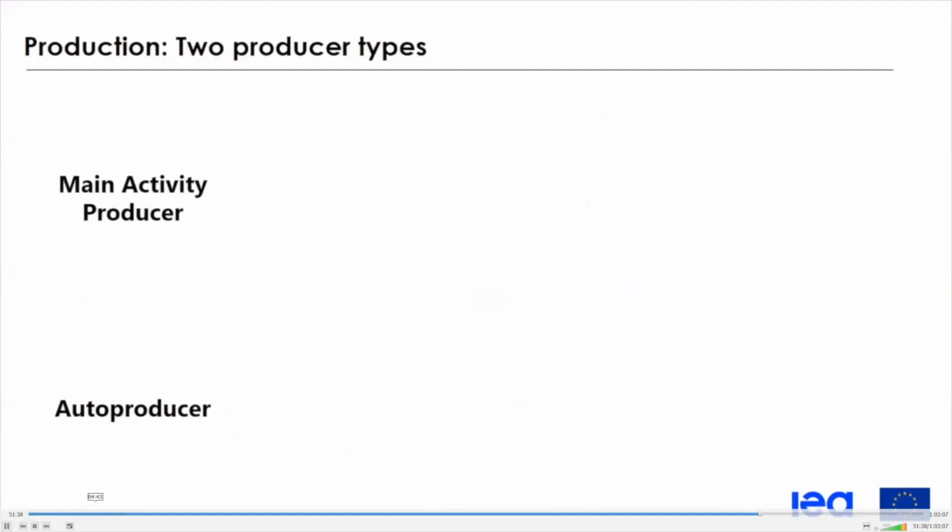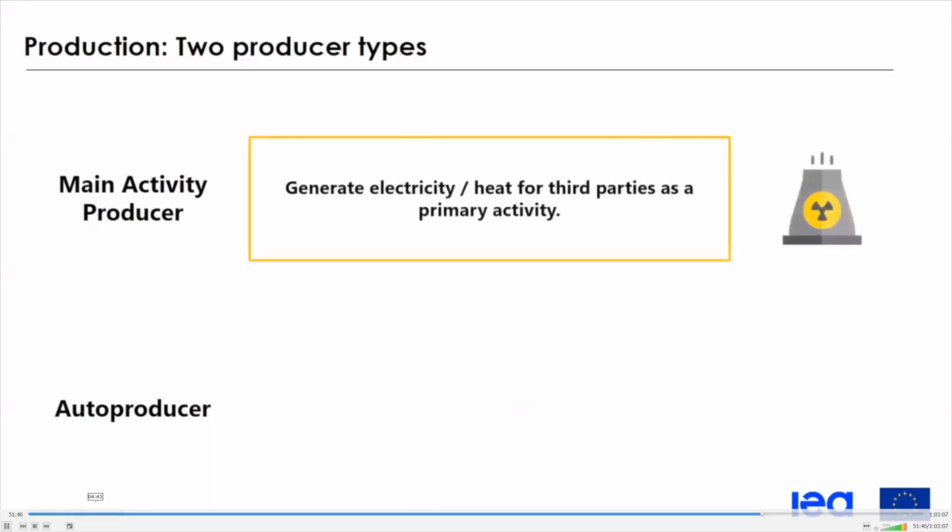Now, also, some distinctions we can make in the electricity data are the type of producers. You can have main activity producers, for whom the generation of electricity or heat and the sale of this production to third parties is their primary activity. So most of the time, those are plants like nuclear plants, thermal plants, natural gas electricity plants, for which the sole objective is to sell the electricity or heat generated.